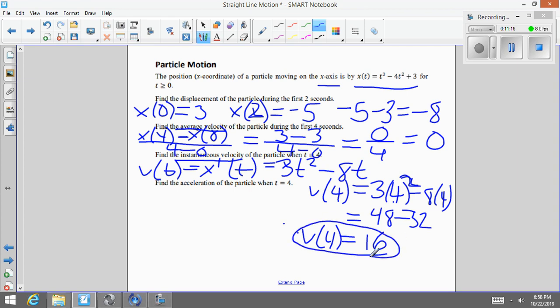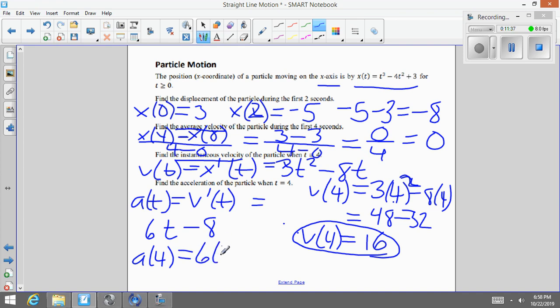Okay, find the acceleration of the particle when t equals 4. Well, that's easy. To find acceleration, we'll find the derivative of velocity, which is going to equal 6t minus 8. And then we'll plug in a 4, and we'll get 6 times 4 minus 8.